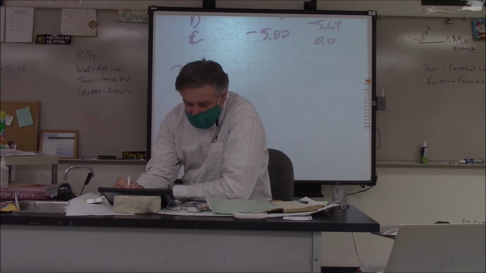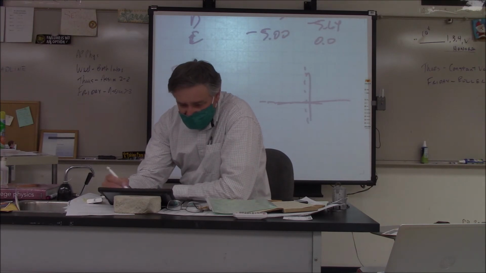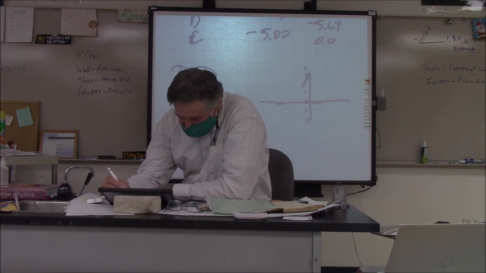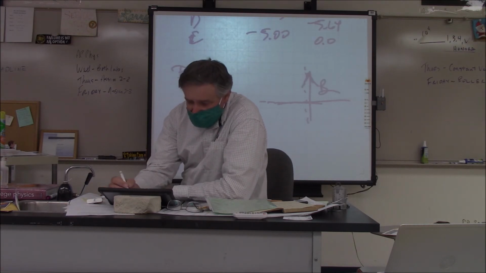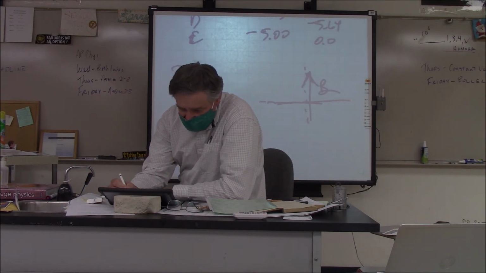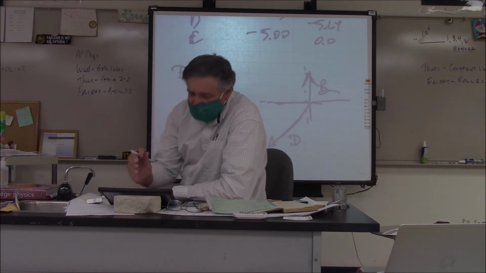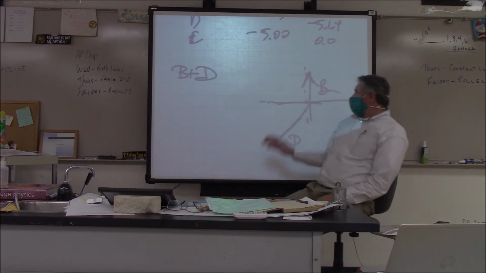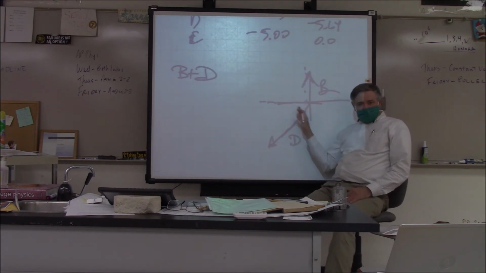But what I would do, I'd come in and say, okay, here's my x and y coordinate system. So I got vector B, which is 3 centimeters at 90 degrees. Here's my vector B. And then I've got vector D, which is going to be down here like this. So imagine this is like a tug of war.